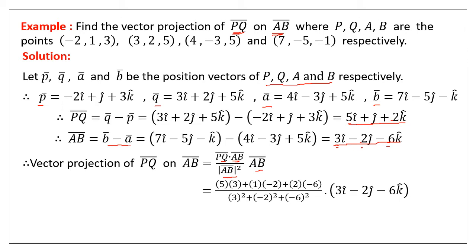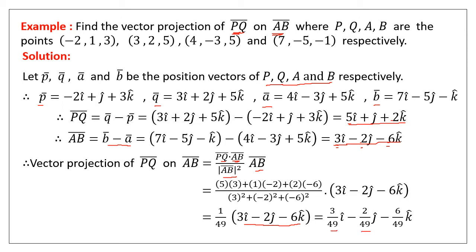Substituting the values, after solving, we will get 1 upon 49 into 3I cap minus 2J cap minus 6K cap, equals 3 upon 49 I cap minus 2 upon 49 J cap minus 6 upon 49 K cap. Such examples are asked for 2 marks.